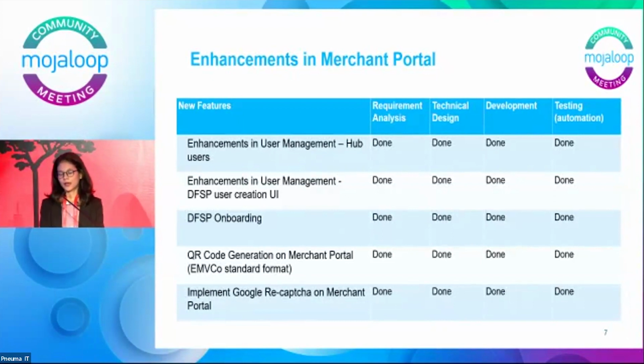In the upcoming PI, there will be new parties as well, which are the merchant and merchant self-registry. So we enhanced the user management module, and we also did the DFSP onboarding.